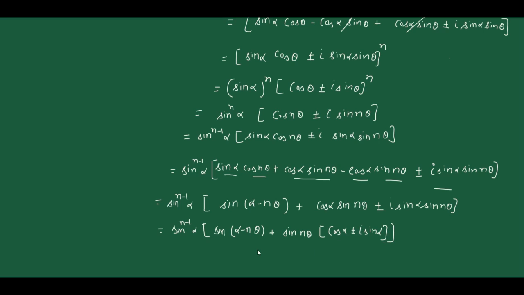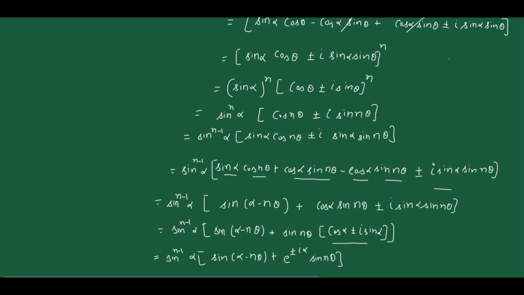Okay, so this is sin n minus 1 alpha sin alpha minus n theta plus this expression in the bracket, you can write this as e raised to power ± iota alpha, and this is sin n theta. So this completes the solution of this question.